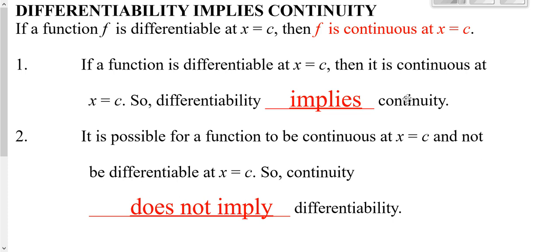So if your derivative exists at a certain value, then it has to be continuous at that point. But the reverse is not true. Some people think that if it's continuous, then your derivative will exist. And we just saw two examples where it was a continuous function, but your derivative did not exist at certain spots. So continuity does not imply differentiability.